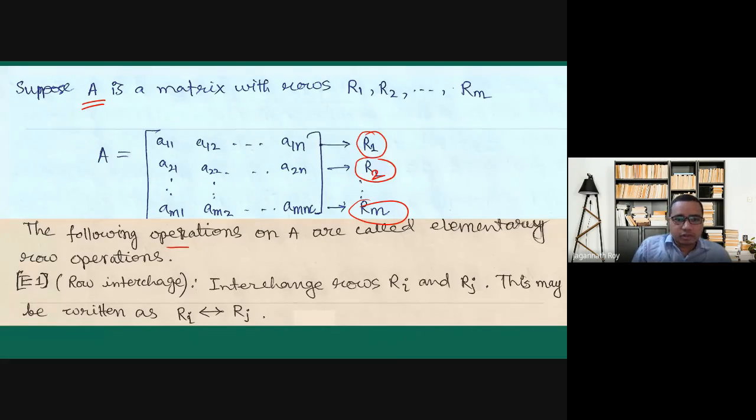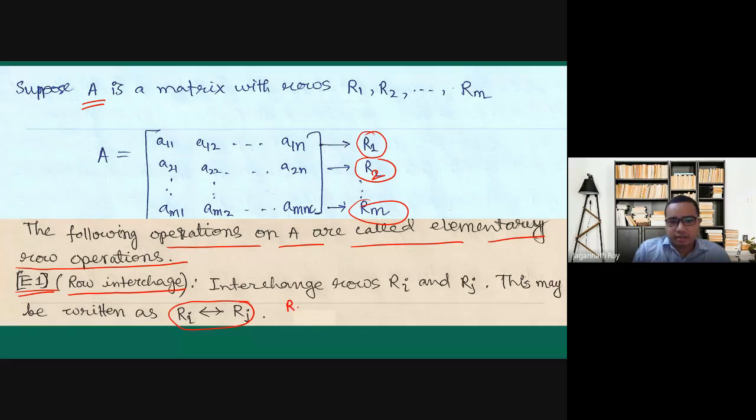The following operations on A are called elementary row operations. There are three elementary row operations. That is row interchange. We exchange, and we write this as Ri is exchanged with Rj.